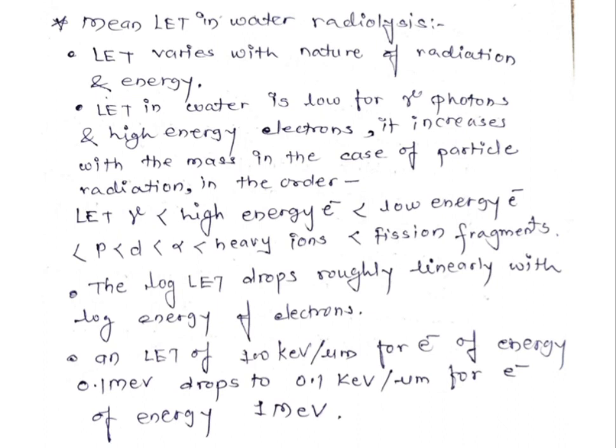So there is an inverse relation: an LET of 100 keV per micrometer for an electron of energy 0.1 MeV drops to 0.1 keV per micrometer for an electron of energy 1 MeV. So this is the first point.